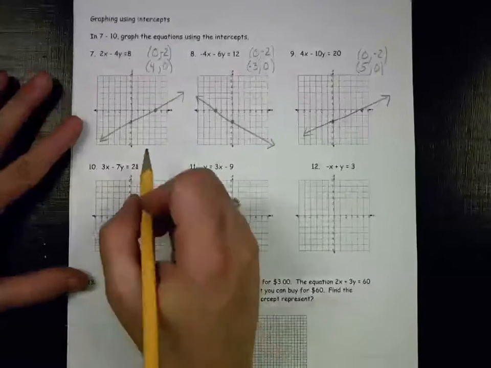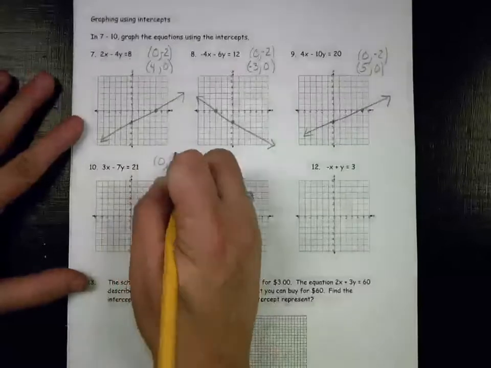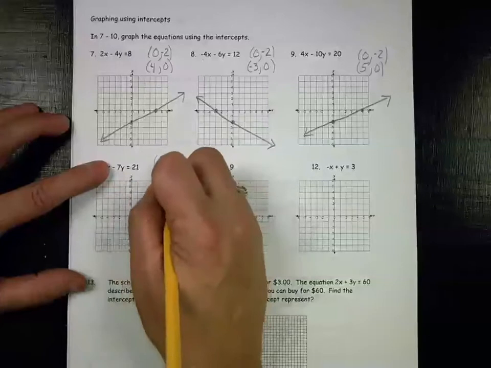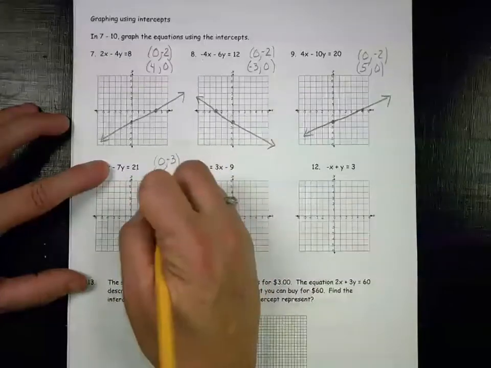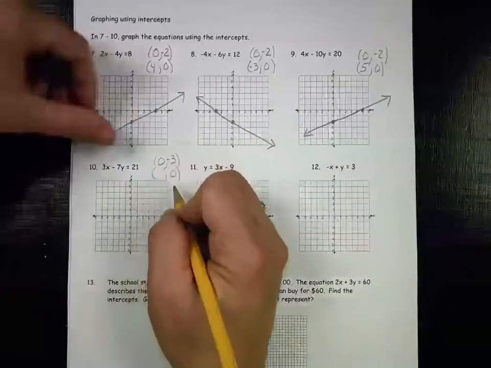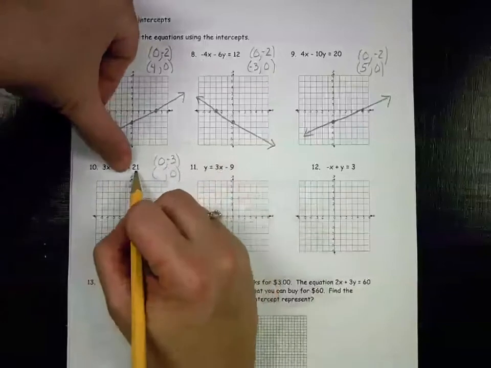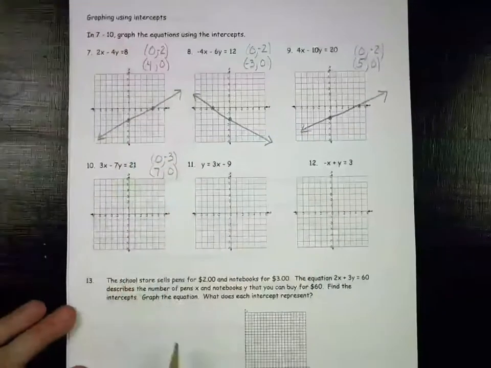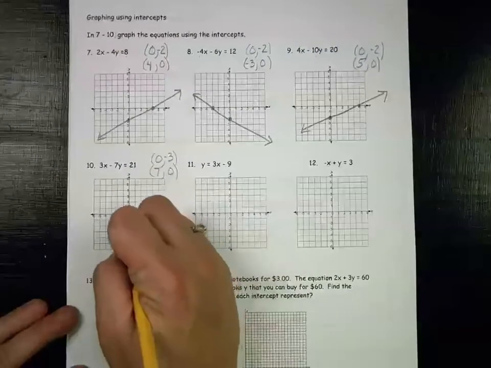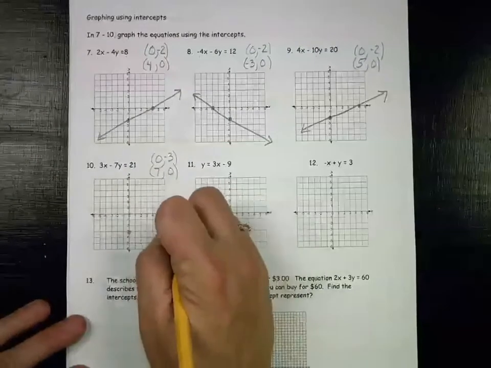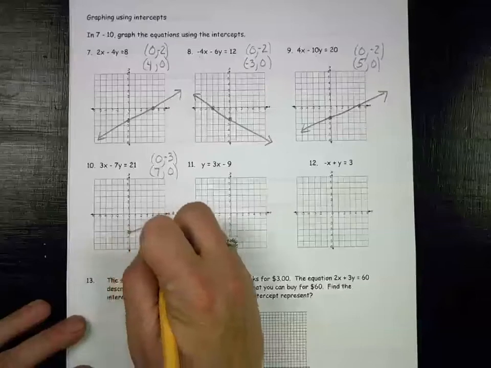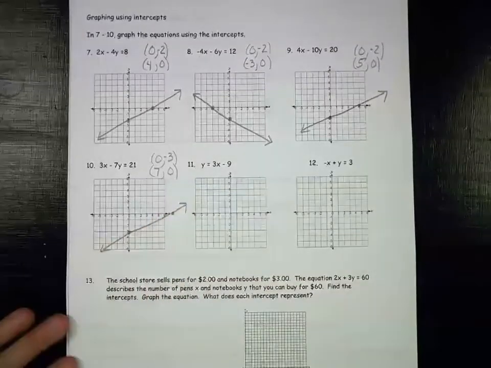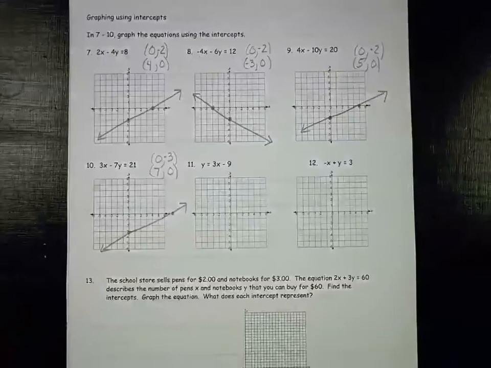Number 10, if x is 0, 21 divided by negative 7 is negative 3. And if y is 0, 21 divided by 3 is 7. So (0, -3), (7, 0) is a little bit off your chart. And your line looks like that.